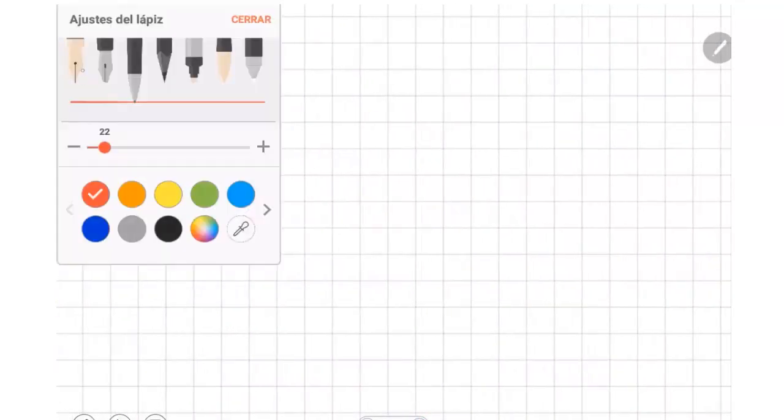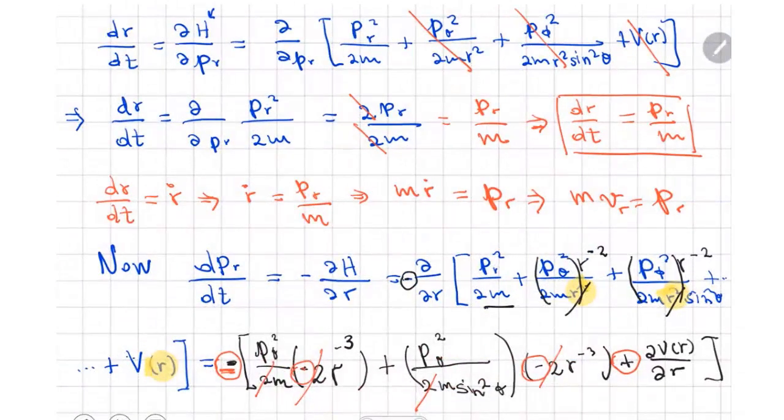Well, we get dp_r/dt equal to, finally, p_theta squared, this term that is on top with power minus 3.